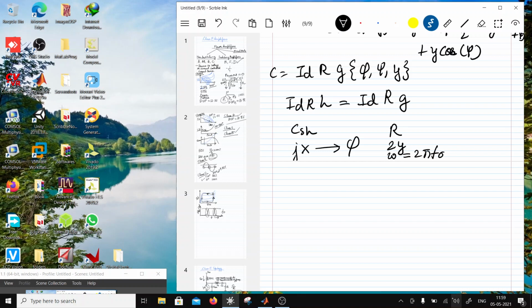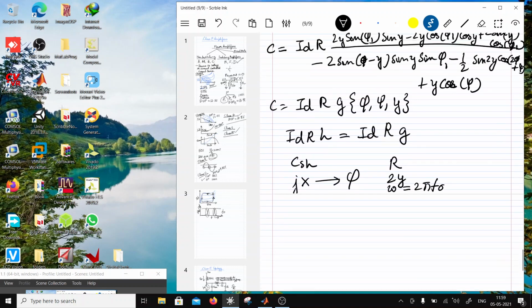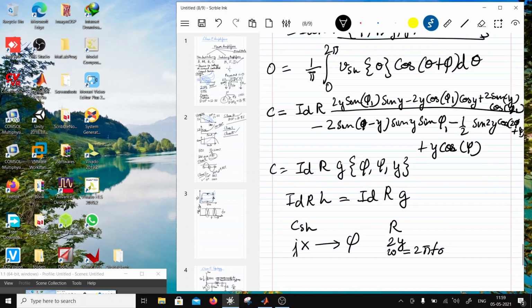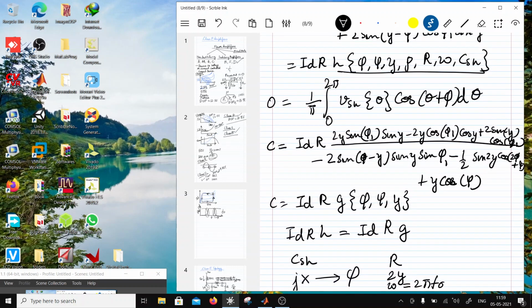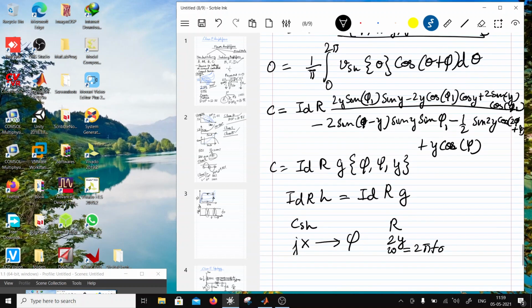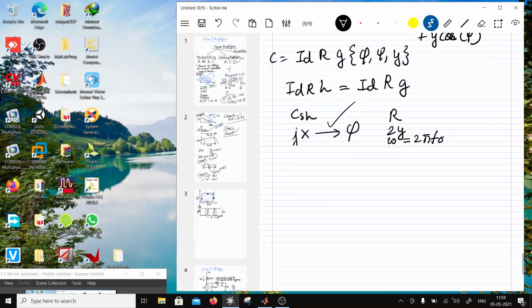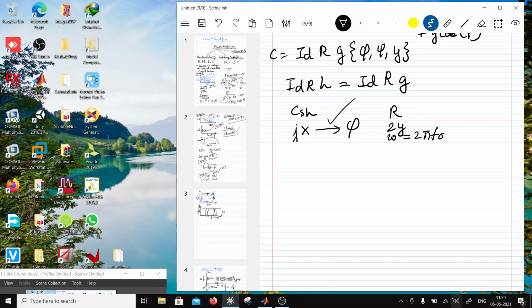So we have omega and y, so these are my inputs. The only unknown which will remain is C_SH for a given residual, right? So that's the idea of how to design, or rather model, this.